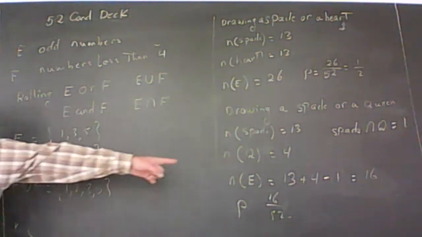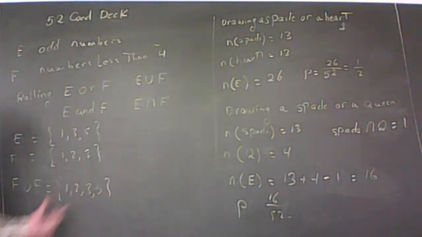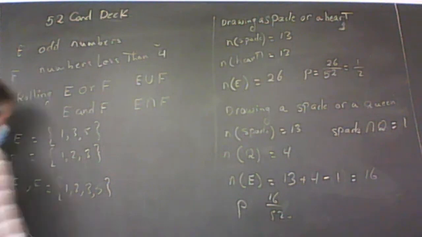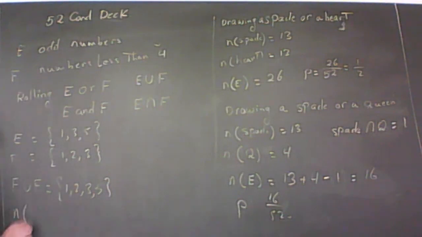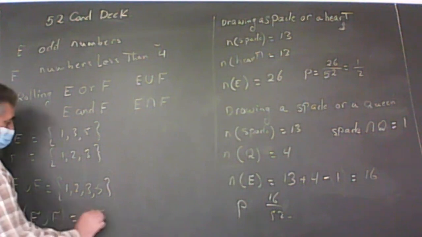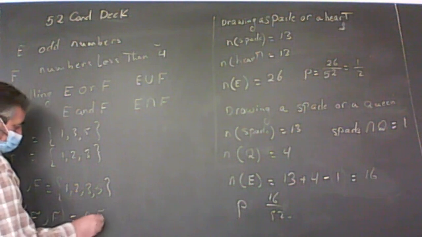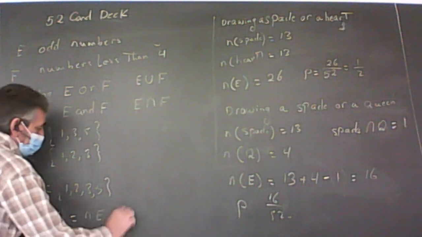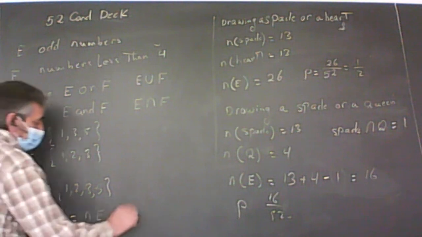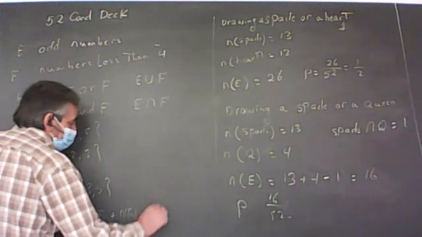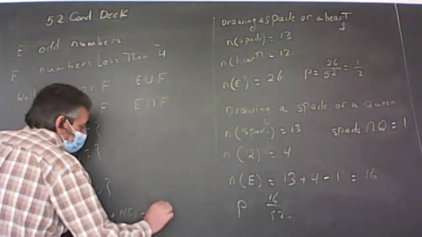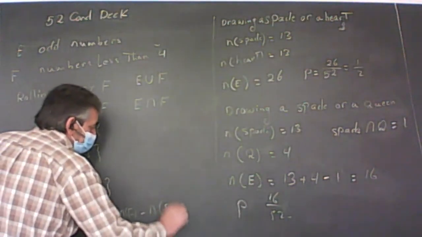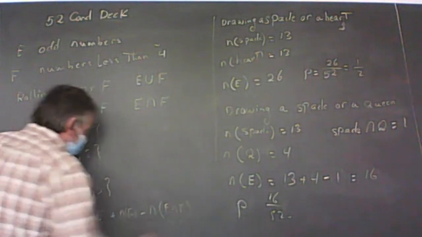That's exactly what we're talking about over here. Yes? So what is that? The number of elements in E union F is the number of elements in E plus the number of elements in F minus the number of elements in E intersection F.